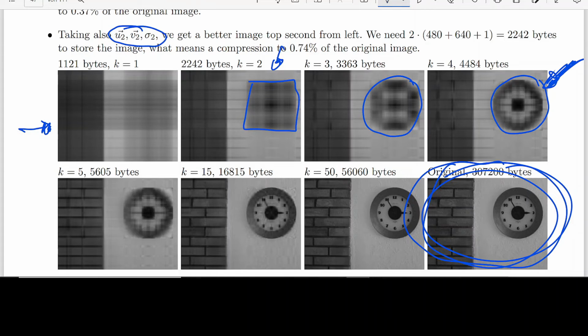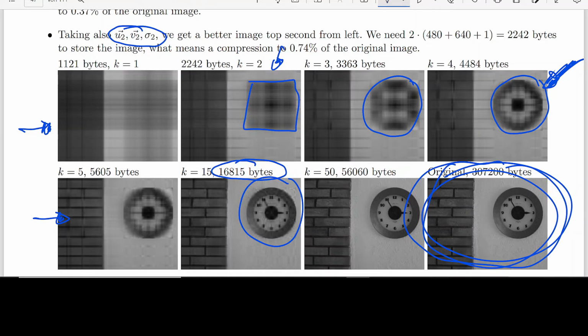If we take one more summand here, then it's also a quarter to 3. And then after 15 steps, we can see an approximation which is quite close to the original picture. And storing these vectors and storing the singular values takes only 17,000 bytes instead of 300,000 bytes.